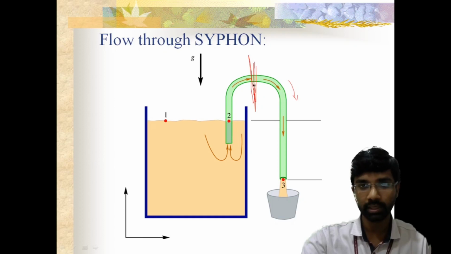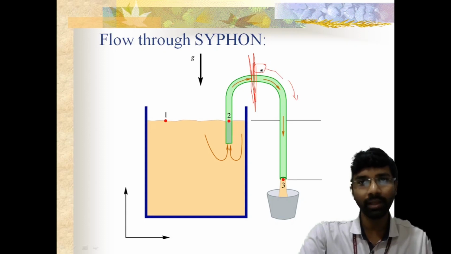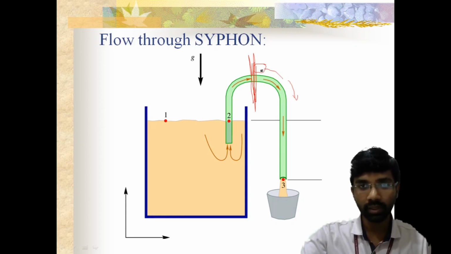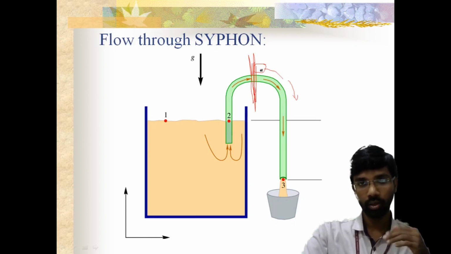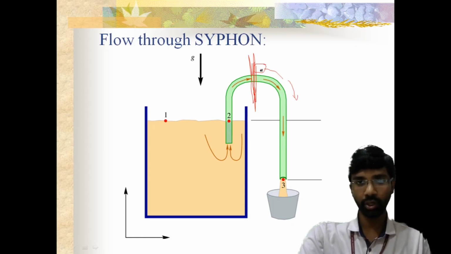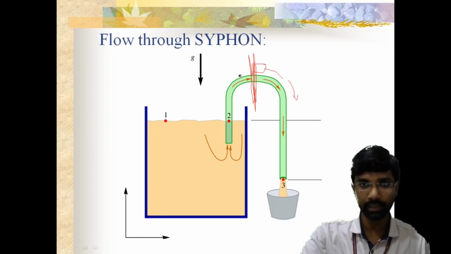Then your right side portion moved up to this point, and whatever is left here, you won't have any air in that pipe. So obviously this is vacuum. What is vacuum? It is a negative pressure. Your fluid flows from high pressure area to low pressure area. Whatever fluid is in the left side of your pipe will enter into this vacuum simply, and obviously the flow continues. Whatever fluid is in the right side portion will come downwards due to gravity.